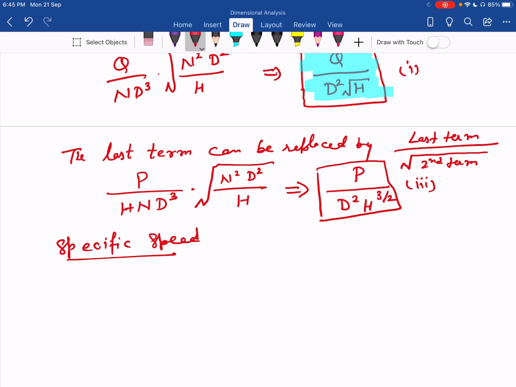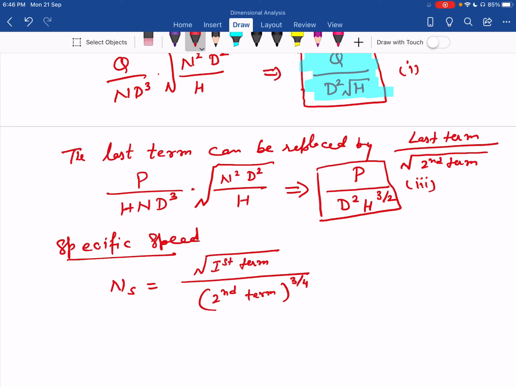So I can write ns is equal to the under root of first term divided by second term raised to power 3 by 4.